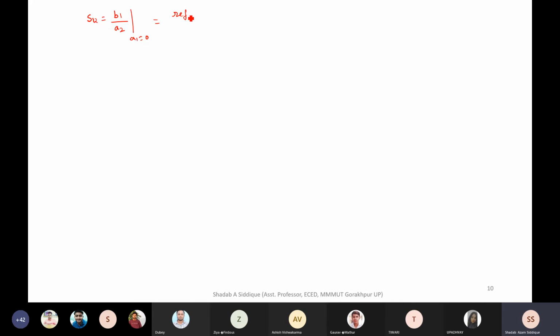So this is the reflected wave at port 1 divided by the incident wave at port 2, taking care that port 1 is matched terminated.